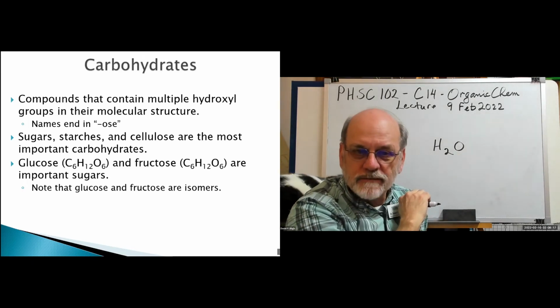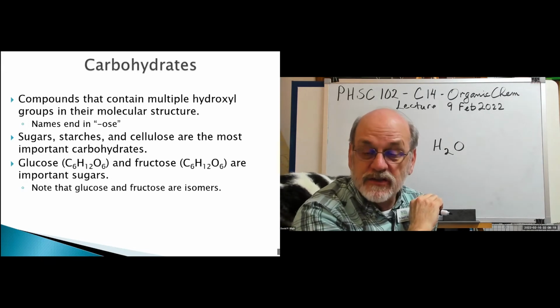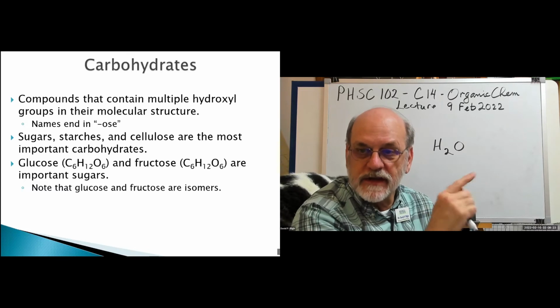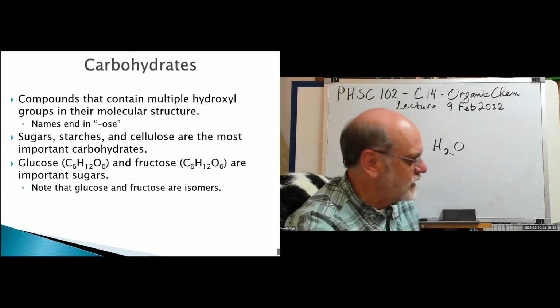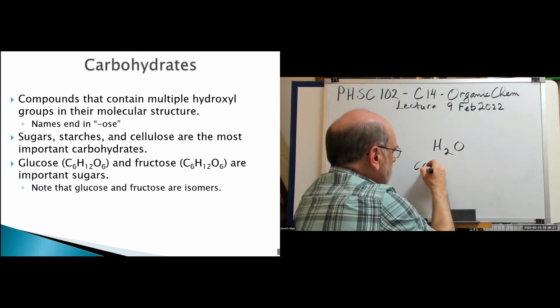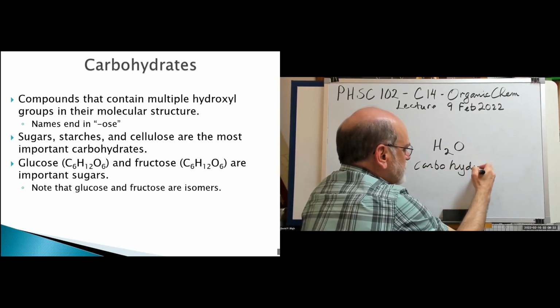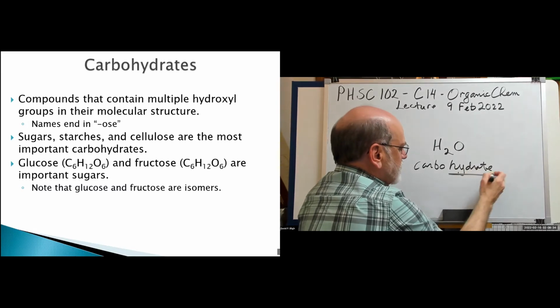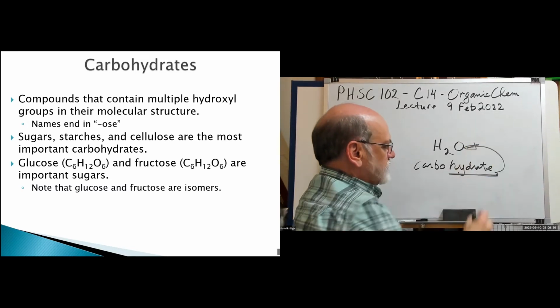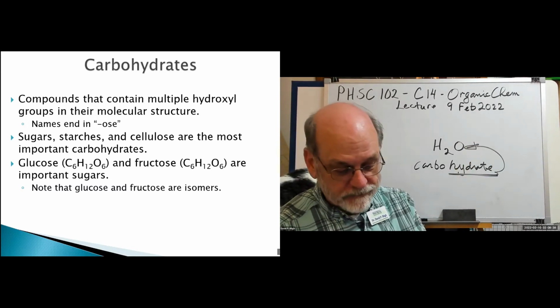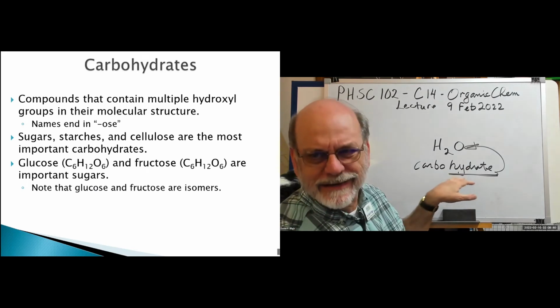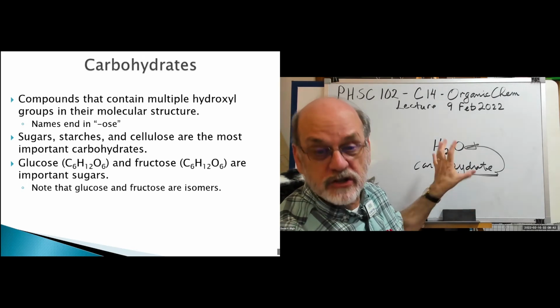So glucose is C6H12O6. 12 to 6 is 2 to 1. So that's why they're called carbo for the hydrogen and hydrate for the similarity to water. Now, this is not water inside the molecule, but the ratio is the same.